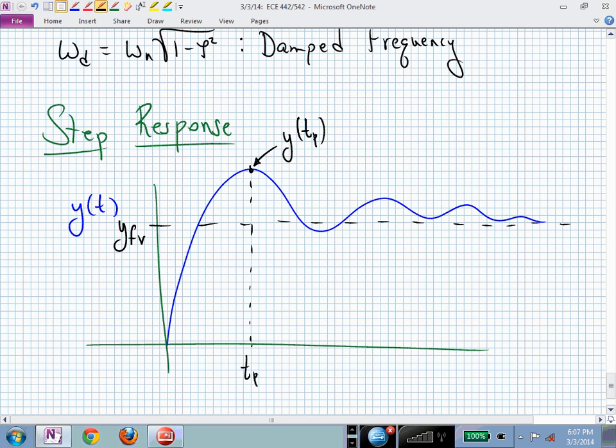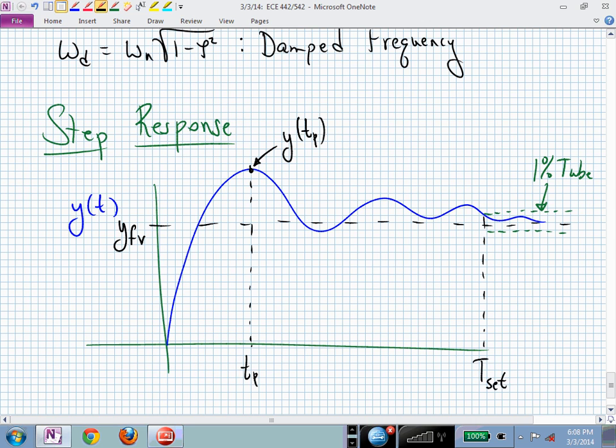And then we also could have, so I didn't draw this very well, but let's say this is now our 1% tube. And we'll call that our settling time, T sub s.